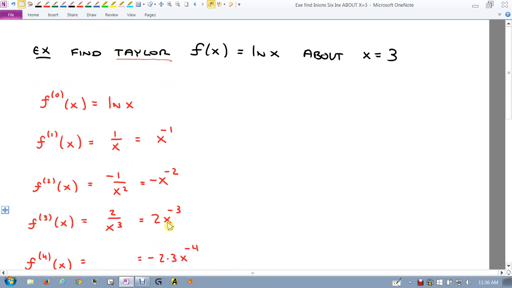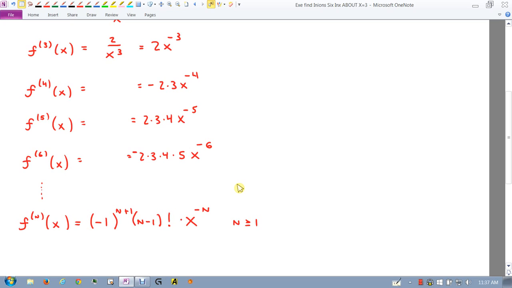All right, let's go back up now and let's plug in our a. So when we plug in 3, what would be the 0th derivative at 3? Natural log 3, right? And then the rest of them I have a formula for, don't I? So let me go down to my formula.